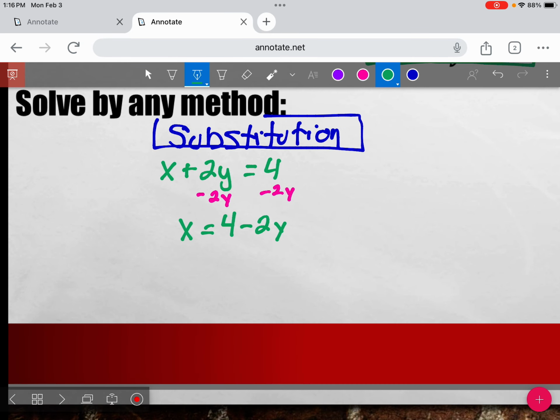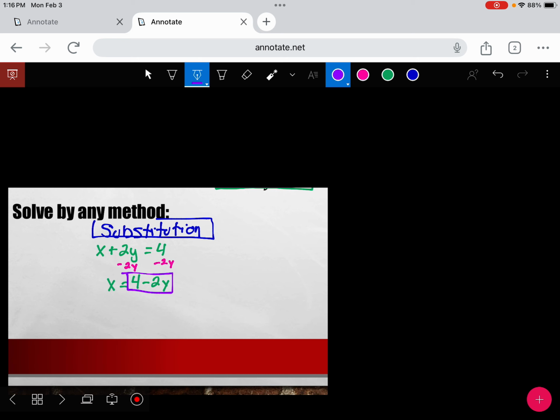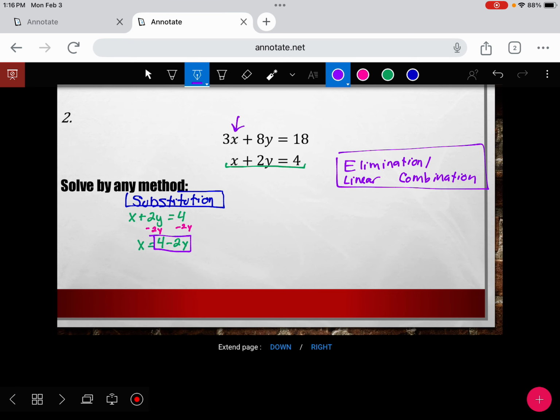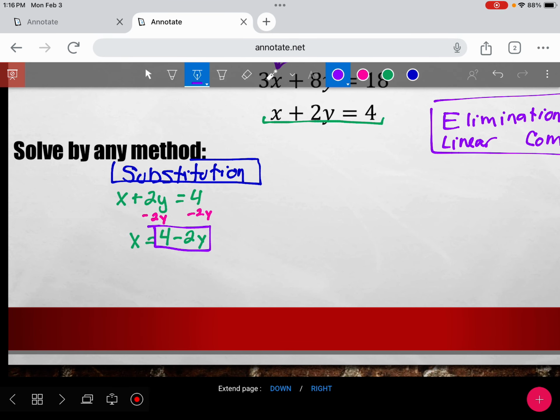That's totally fine. And then that is something that we can substitute in place of the x up here into this equation. So we would do 3 times that 4 minus 2y plus 8y equals 18.